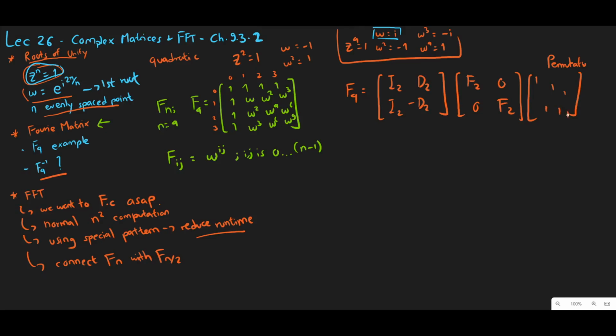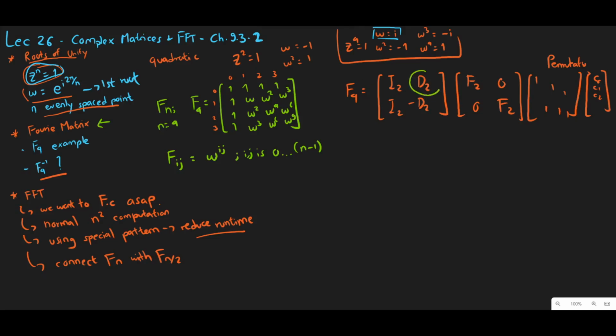This permutation matrix will skip one column each. What this does is bring the even components in c first and then the odd components later on. So c0, c2, c4 will be brought out ahead, and c1, c3 and so on will be brought out later. And there's an important thing here.